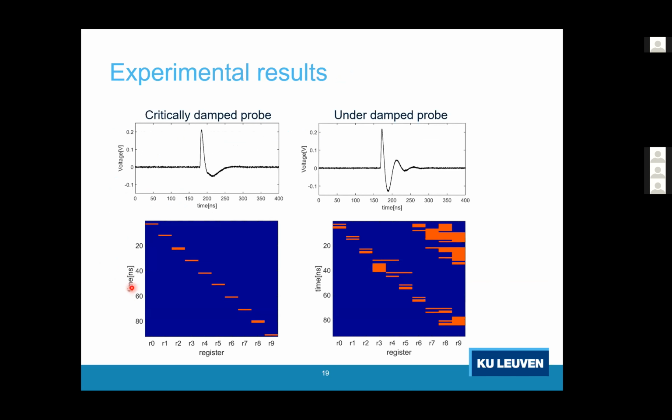If you look at the probe response and the fault results, first, this is the critically damped probe, which is the one where the pulse is exactly the size of the period of a single clock cycle. And then if you look at the faulted or injected results, every clock cycle we load 55555 and so forth into a consecutive register.